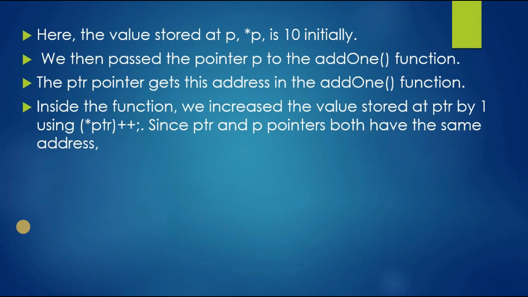Inside the function we increased the value stored at the pointer by 1 using the increment operator. Since ptr and p both have the same address, the pointer p inside the main function also gets the value 11. So we got our output as 11 for the program.